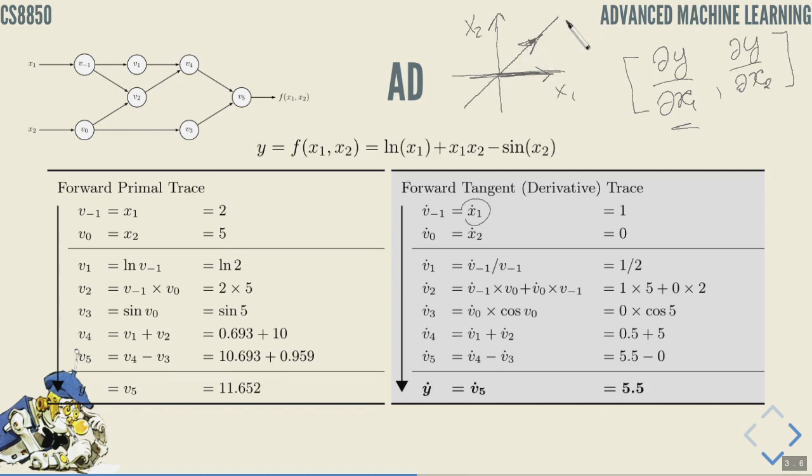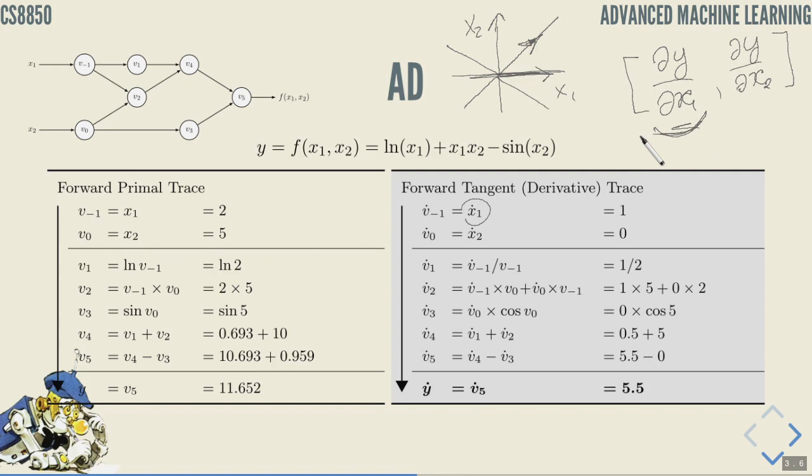So, running a little bit ahead of myself, we're evaluating a directional derivative when we are evaluating forward mode AD. We could evaluate the derivative along this direction as well by setting those values to 1 and -1 or -1 and 1. But for now, let's focus on just evaluating one component of the gradient.